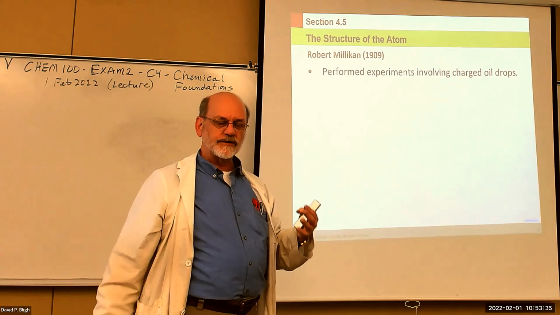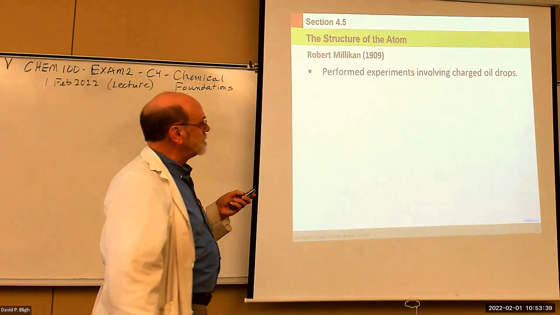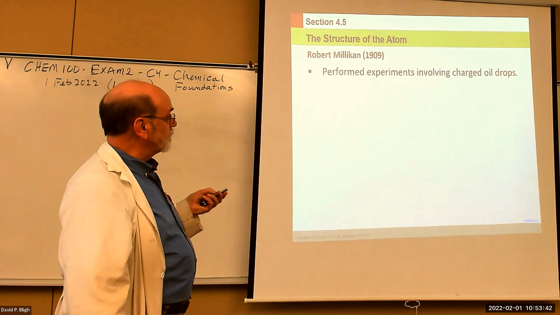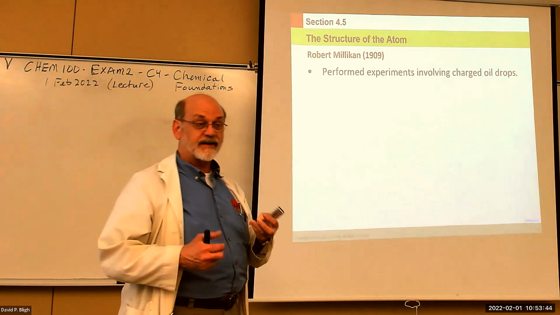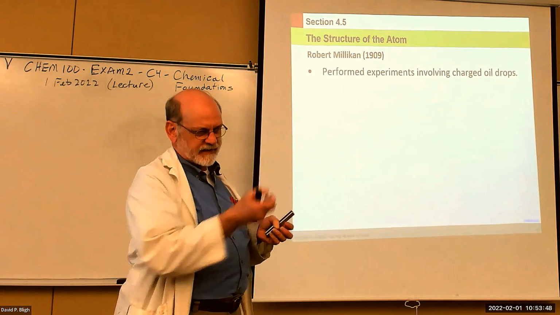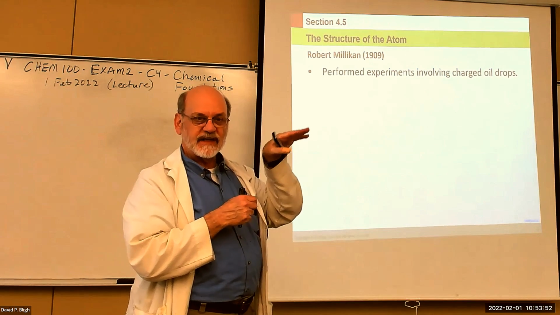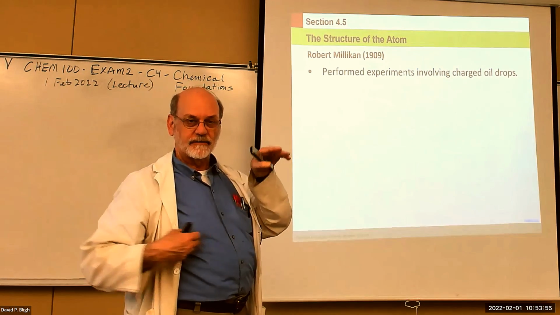But what he didn't do was determine the mass of the electron. That was up to Robert Millikan, who performed experiments with a device that he built himself. It was an evacuated chamber with a sight glass in it, and he could watch little oil drops move up and down after they had acquired a charge.